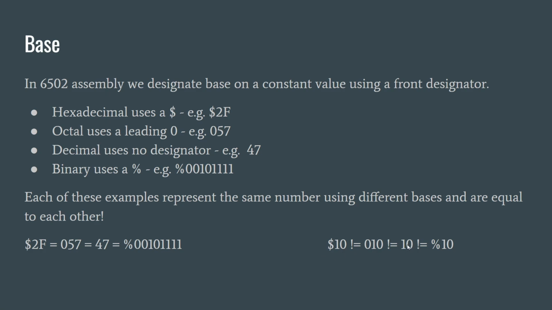If you write a number 10 in 6502 assembly, just the number 10, nothing in front, the assembler is going to assume that is decimal. But that's not the same as $10, which is 16. Or octal 010, which is 8. Or binary %10, which is 2. So 16, 8, 10, and 2. All completely different numbers.